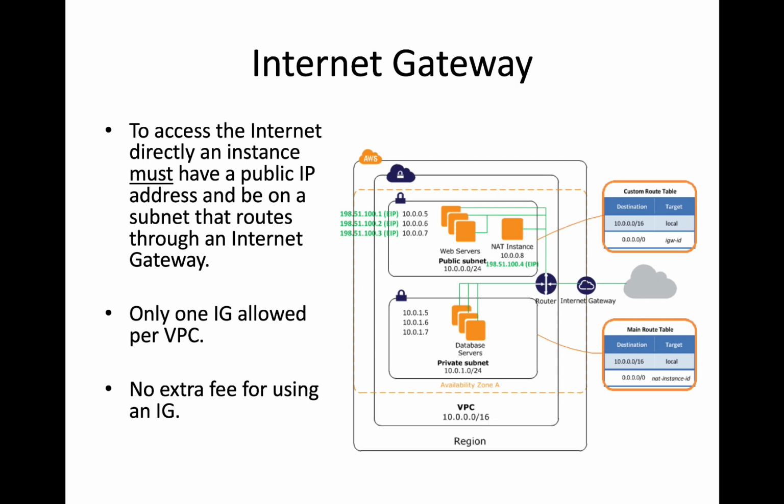And then the VPC has two subnets configured, a public subnet and a private subnet. The public subnet has an address block of 10.0.0.0/24, and the private subnet has a network of 10.0.1.0/24. So these are our /24, or sometimes we call them Class C network blocks.